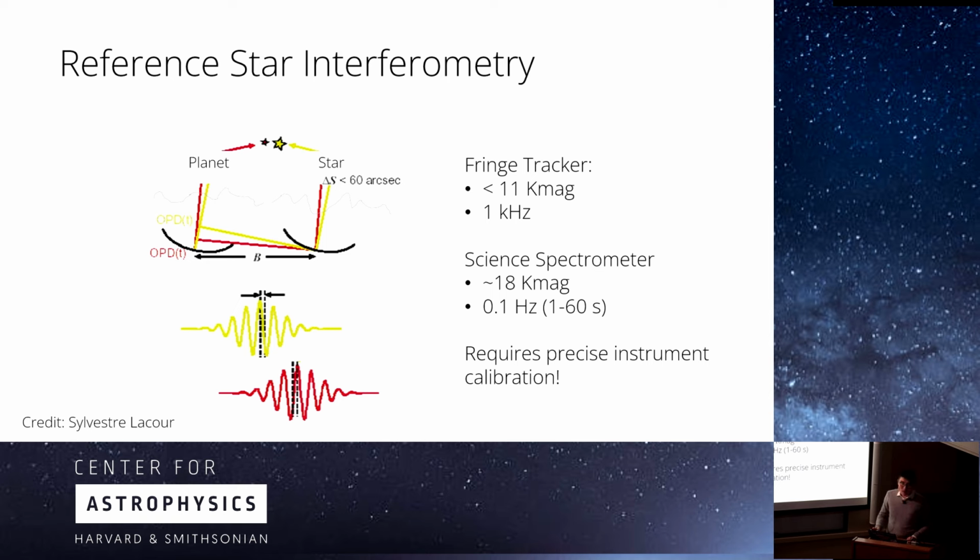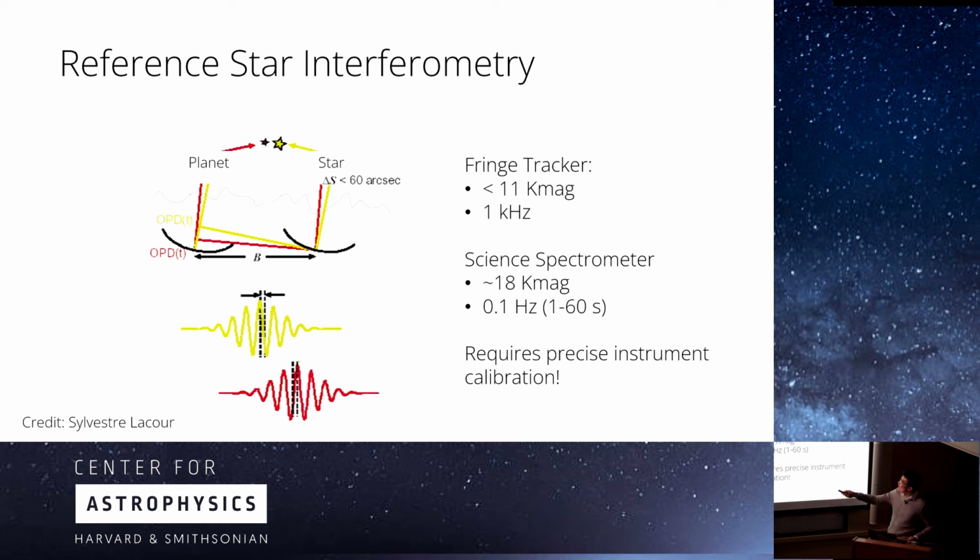And the problem with interferometry is that unless you correct for that optical path difference, or OPD, you're not going to get coherent interference fringes. To get clear interference fringes, you have to correct for this optical path difference. And that's difficult because the atmosphere changes every millisecond. So essentially, you have to measure and correct for this optical path difference every millisecond.